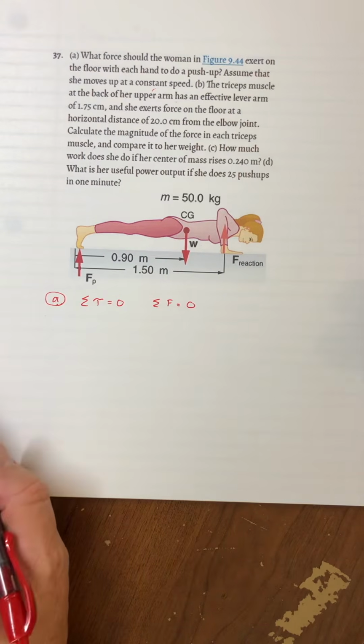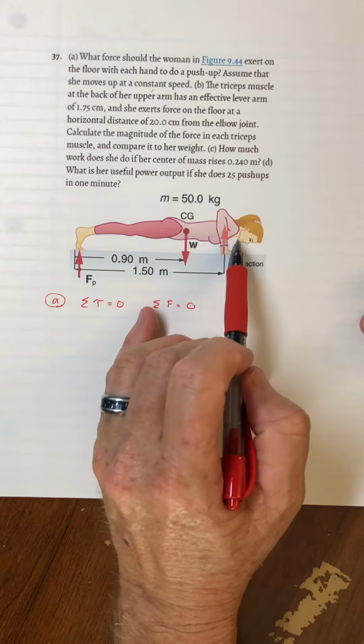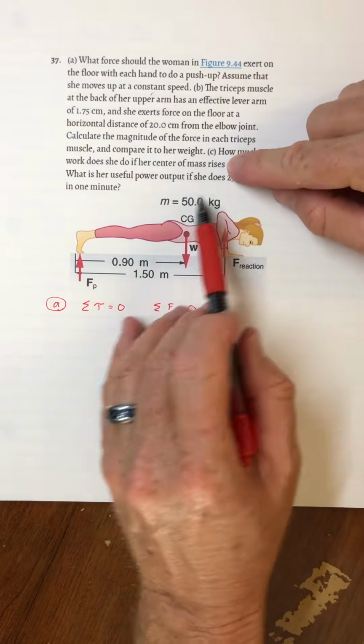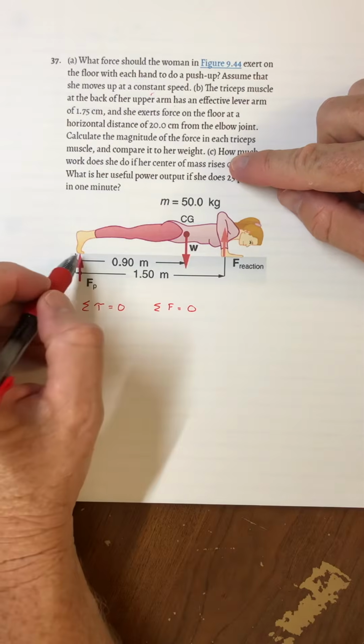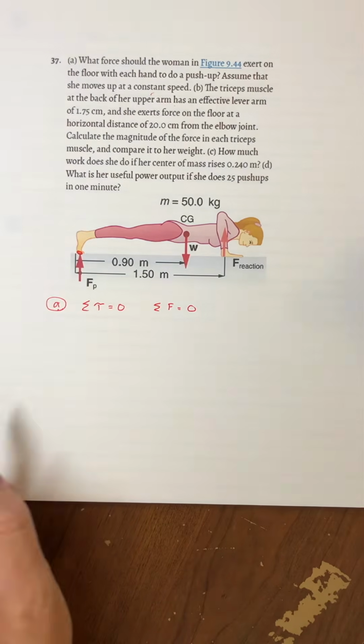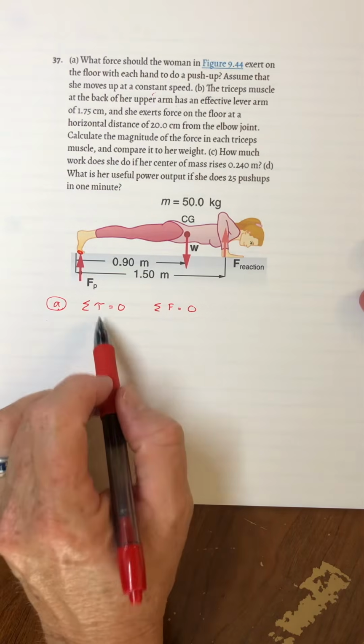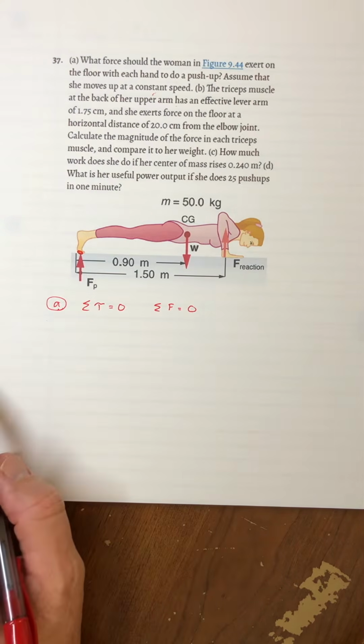In this case, as she extends her arms, her head and upper body are going to go up, so she's pivoting right here at her toes. Let's pick that to be our pivot point, and let's go to the second condition of equilibrium.